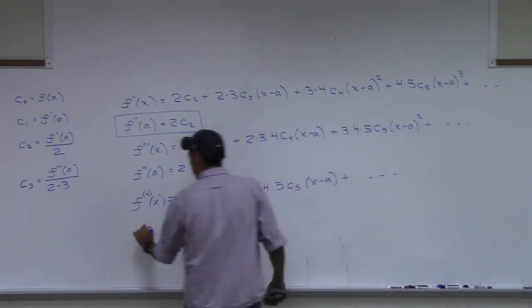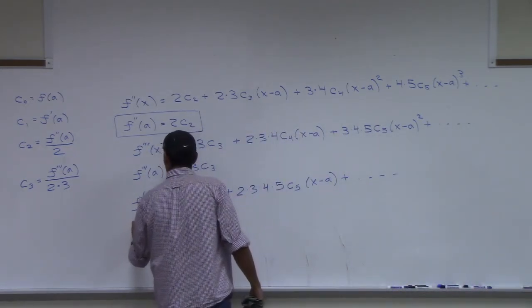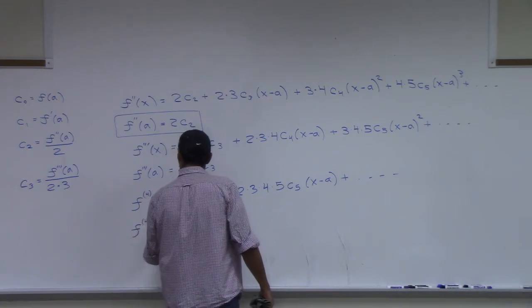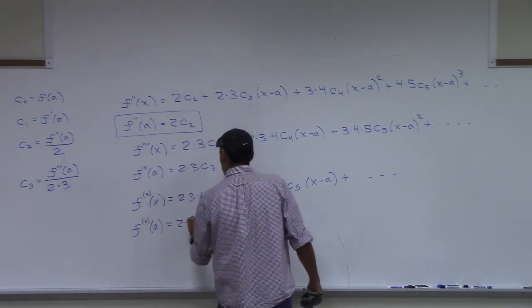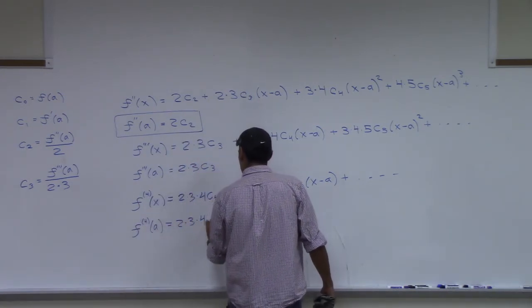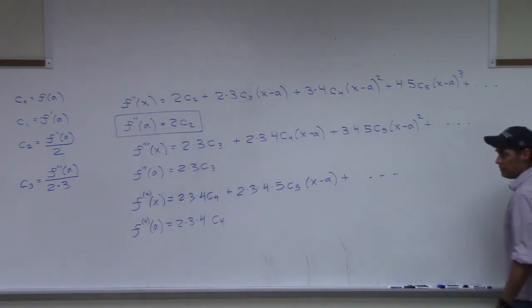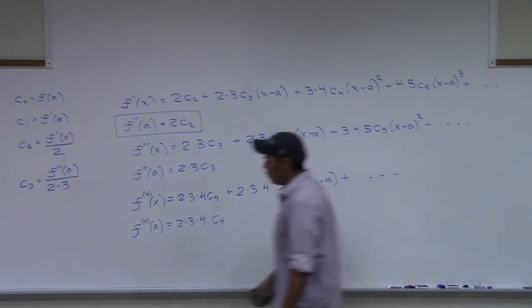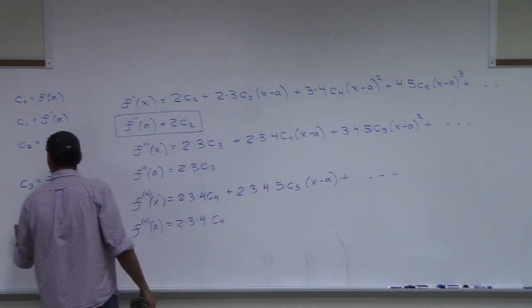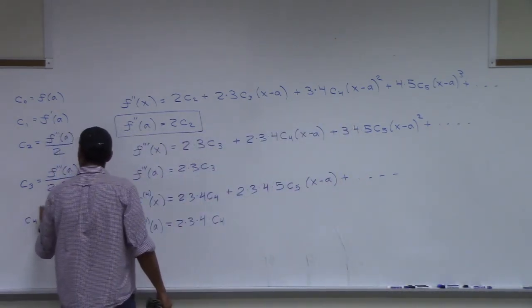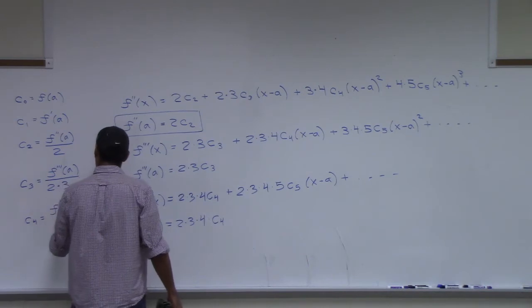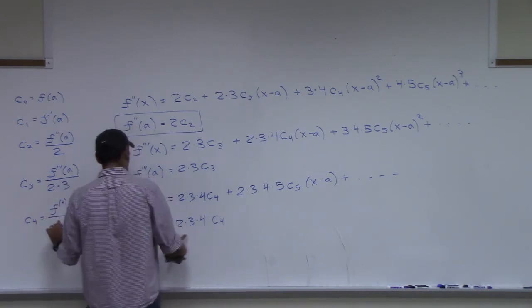If you look at the fourth derivative of this function at a, you get 2 times 3 times 4 c sub 4. And everything else goes to 0 because it has x minus a's in it. So our c sub 4 should be the fourth derivative of the function at a over 2 times 3 times 4.